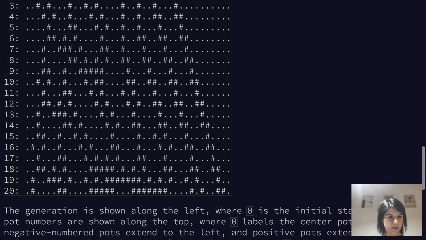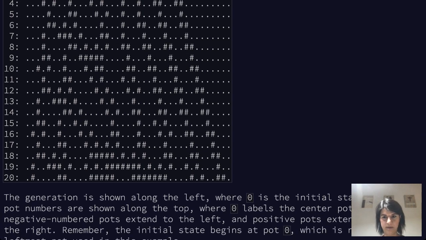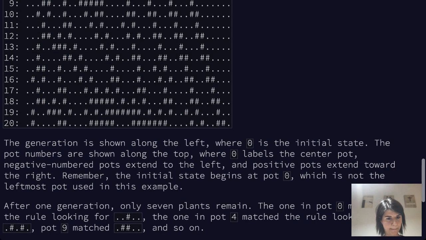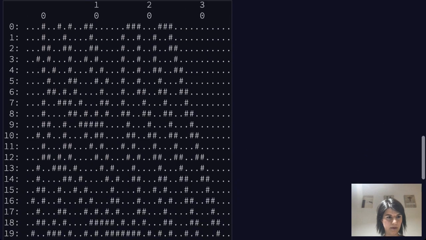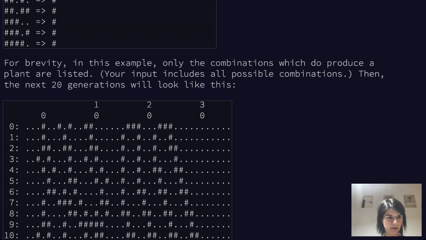Oh, and they grow to the left. Okay. The generation is shown along the left, where 0 is the initial state. The pod numbers are shown along the top: 0, 10, 20, 30.